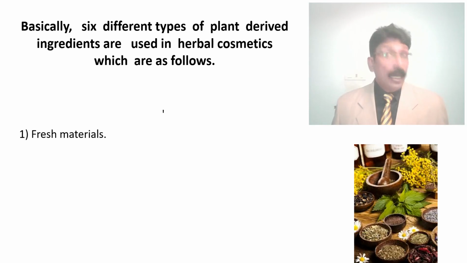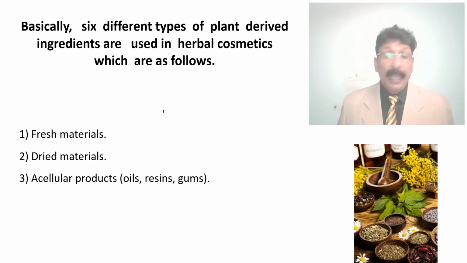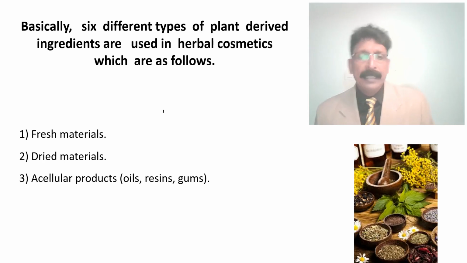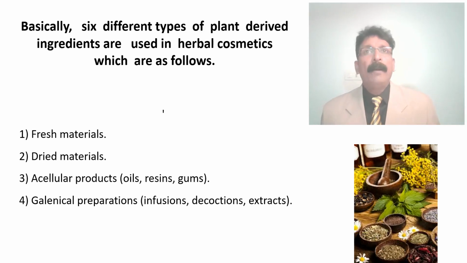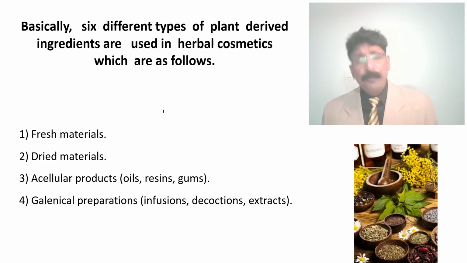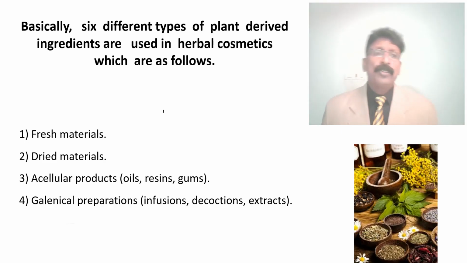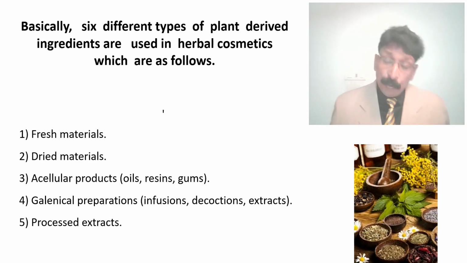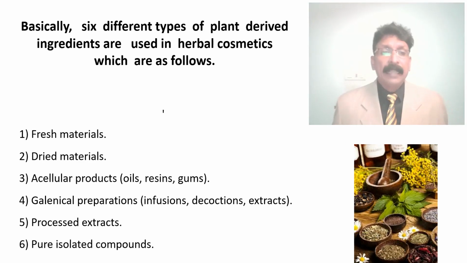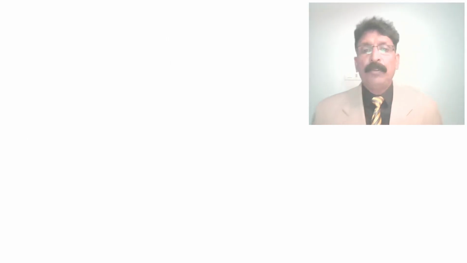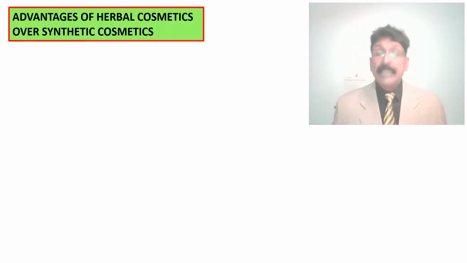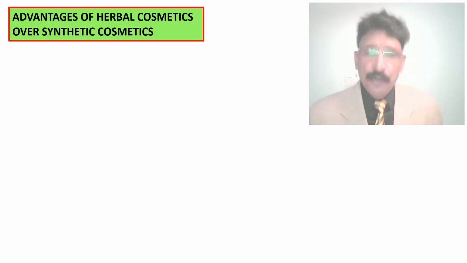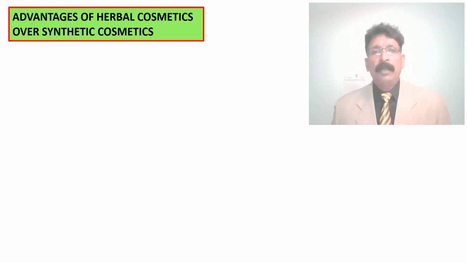They are used as fresh material, sometimes as dry materials, sometimes as acellular products like oils, resins, gums, unorganized drugs, and galenical preparations like infusion, decoction, extracts, also used in preparation of herbal cosmetics, and processed extracts and pure isolated compounds are also used. So 6 types of compounds can be selected for usage or preparation of herbal cosmetics.